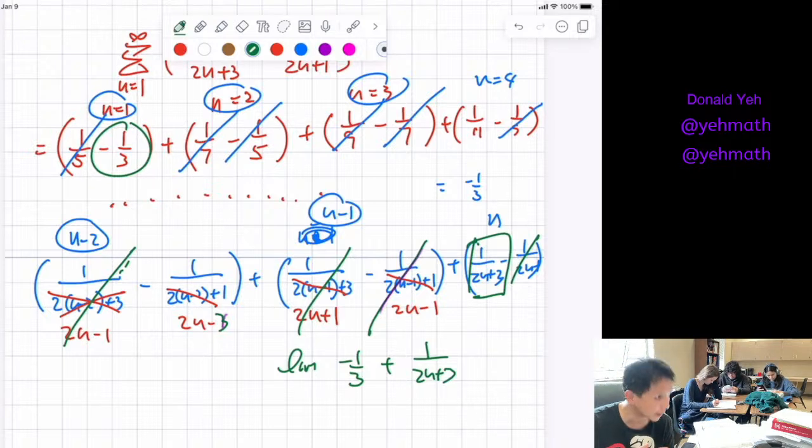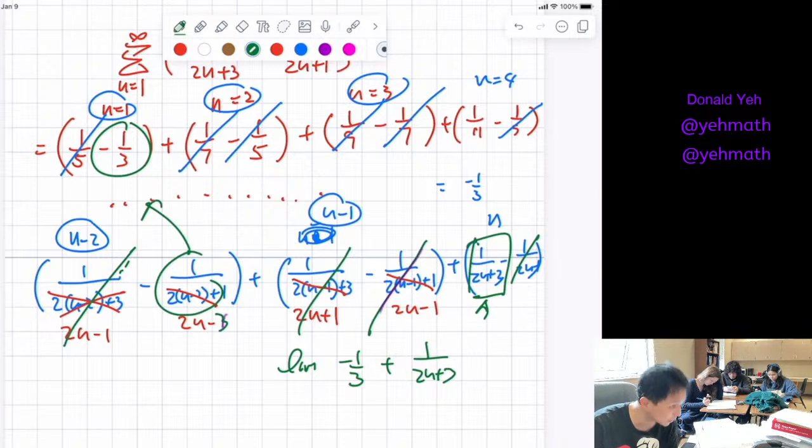So the second term is going to cancel the term before. So just leave 1 over 2m plus 3. That's the only term that's left. It's 1 over 2m plus 3.